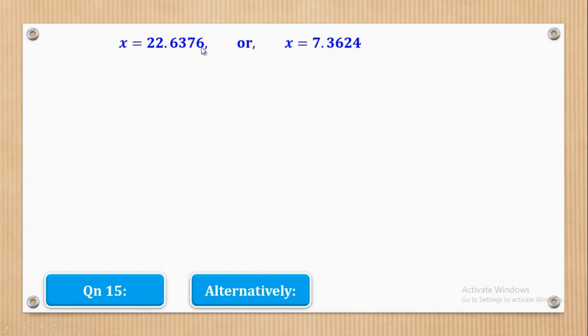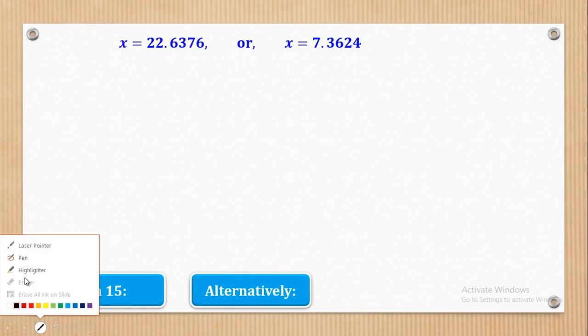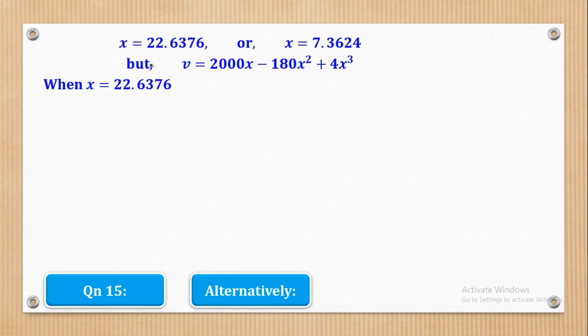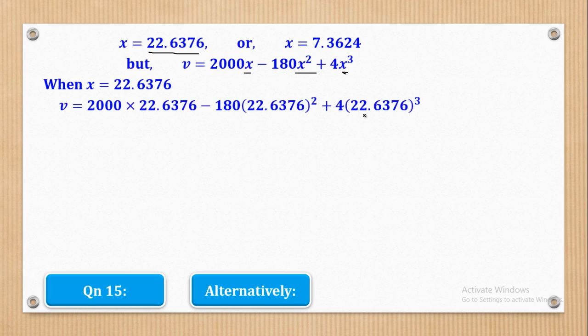So we have already got that x is equal to this and x is equal to that. There are two methods, but let's start with this one. We know that volume is that, so when x is equal to this, I'll substitute x where there is x here to get the volume for that corresponding value of x, and that volume will be equal to negative 564.225.